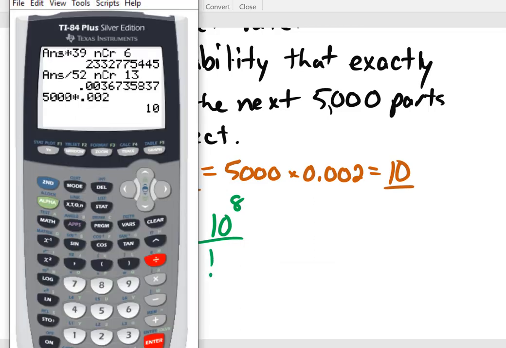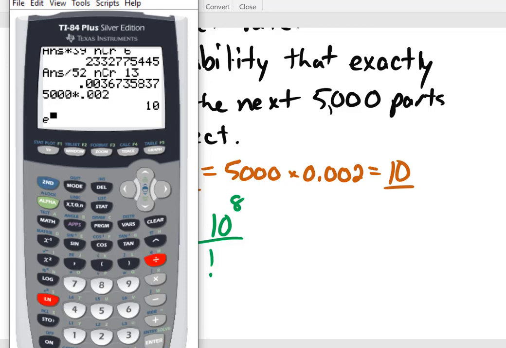So on our calculators to get e, we hit second ln. Above it has an e to the x. That's e to the x. Enter negative 10. Arrow to the right to get out of my exponent there. Times lambda of 10 to the power of 8. Once again, I arrow to get out of that.